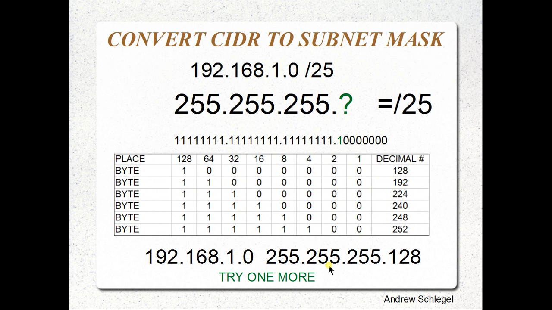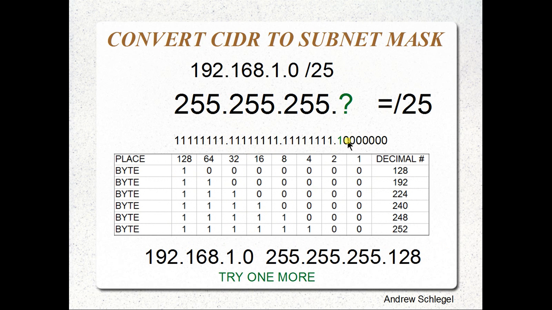Okay, great. Well, now we know what a /25 is. So let's go ahead and do one more. All right, so we know what the /25 is. It's one here. Let's try one more. So what happens?